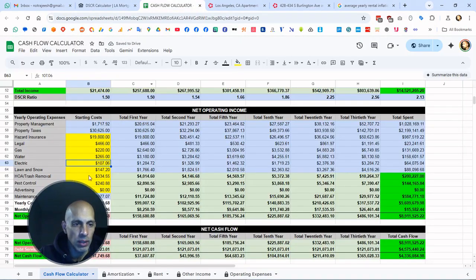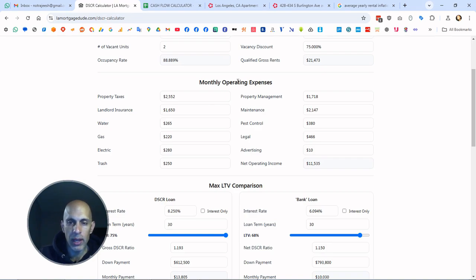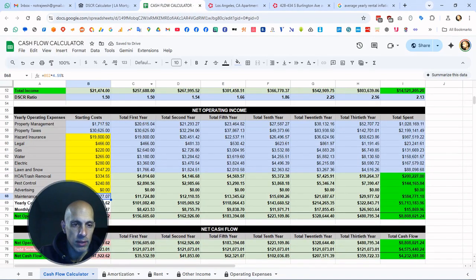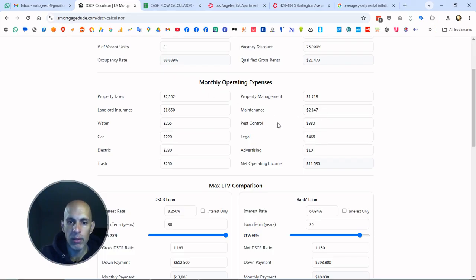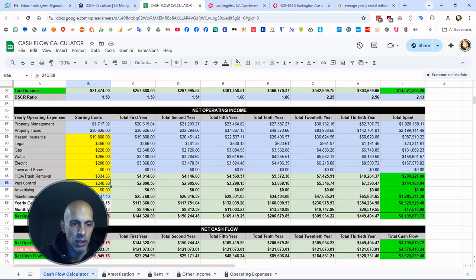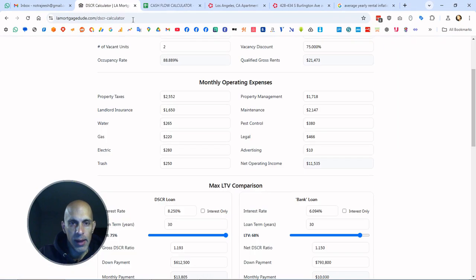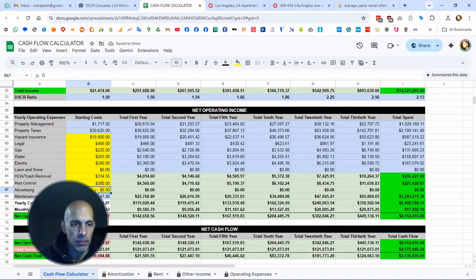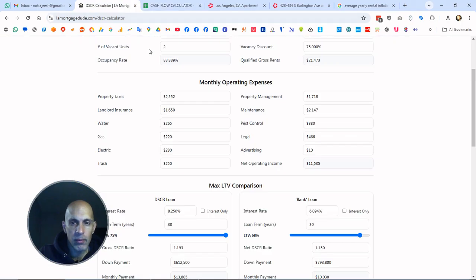Electric is 280. Lawn and snow, I'm going to include that in maintenance, so 2147. Let's put this at 0 for now. And I got to get this up to maybe 10%. 2147, perfect. Pest control at 380. Advertising at $10. All right, those are our numbers.